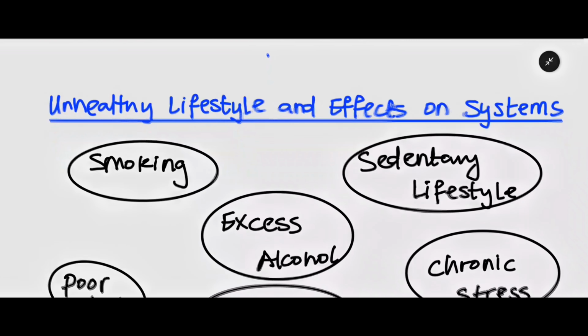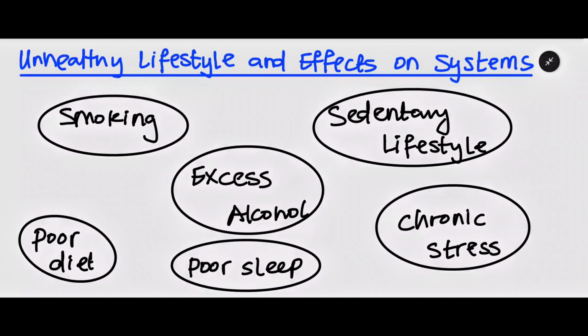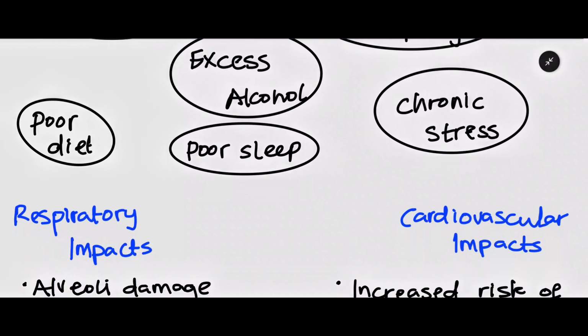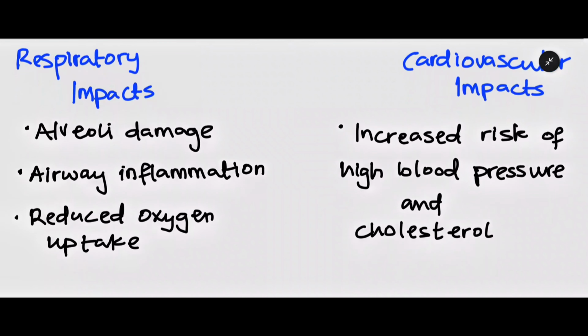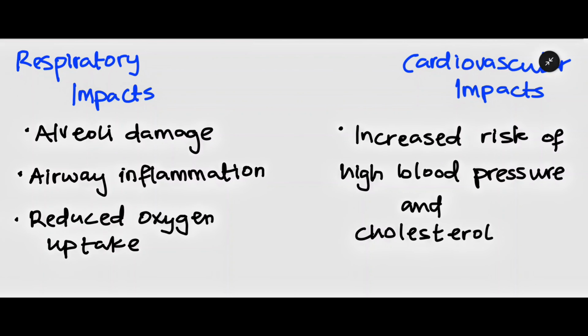Okay, now let's look at lifestyle. Here are some unhealthy lifestyle factors, and here are the respiratory impacts and cardiovascular impacts that these can have on a body. Respiratory impacts: damage to alveoli, which will obviously reduce gaseous exchange efficiency. Airways can become inflamed as well, which increases breathing difficulty.